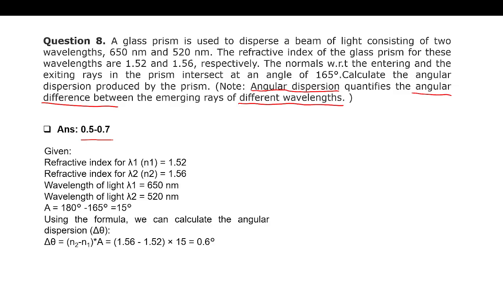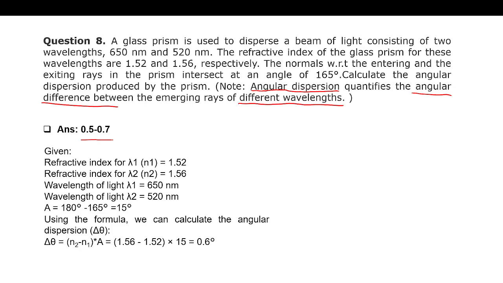Okay, so the refractive index for lambda 1 is n1, which is 1.52, and the refractive index for lambda 2 is n2, which is 1.56. The wavelength of light lambda 1 is 650 nanometer, and lambda 2 is 520 nanometer.